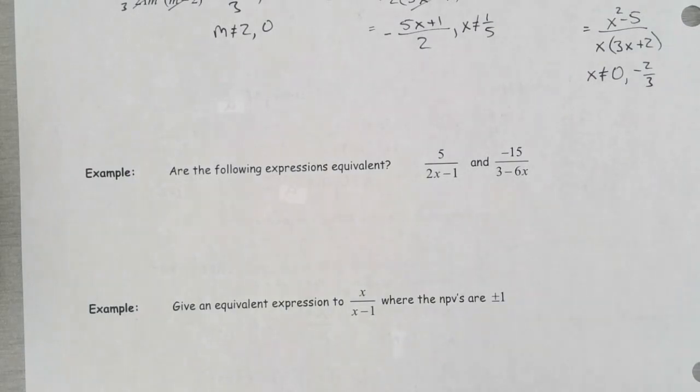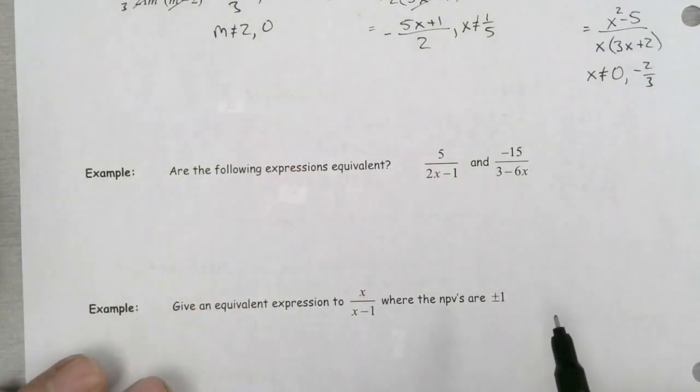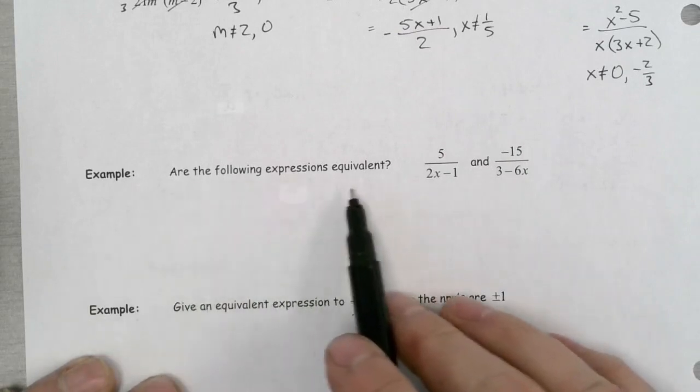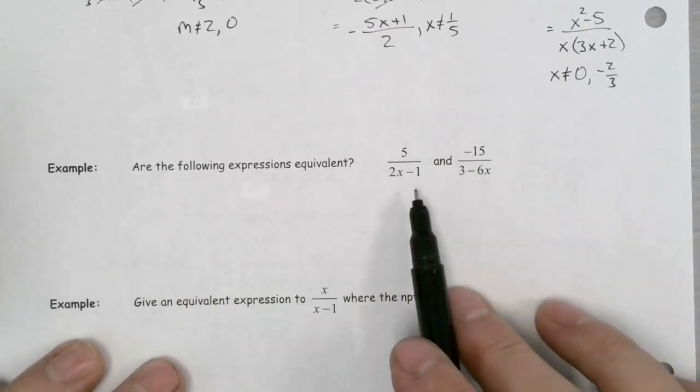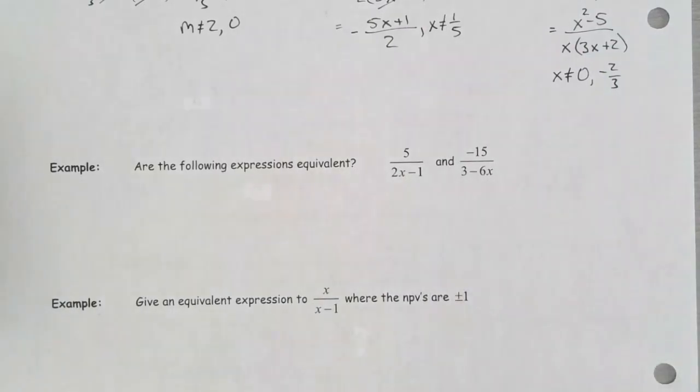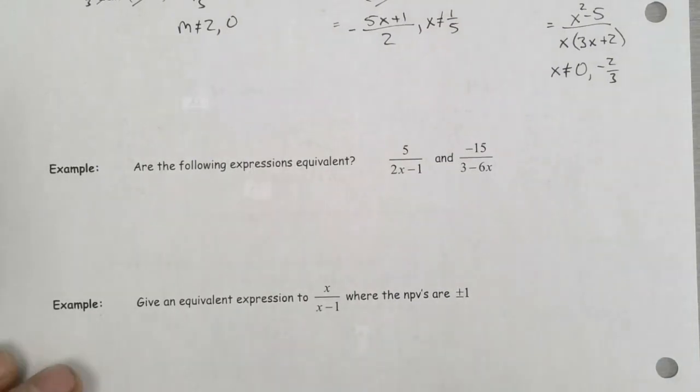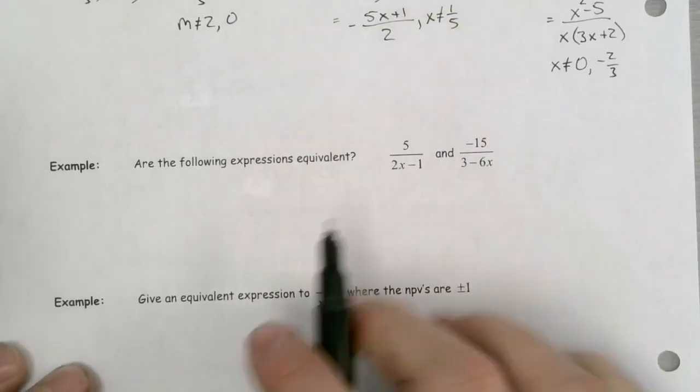Okay, now we're just going to run through a handful of quick problems here, just to give you an idea of another way these questions could be asked and the sort of things you want to think about here. So are the following expressions equivalent? Are these expressions right here the same? Well, if they are, then what that means is there's a common multiple to the numerator and denominator to transition one to the other. So just think of it like this.